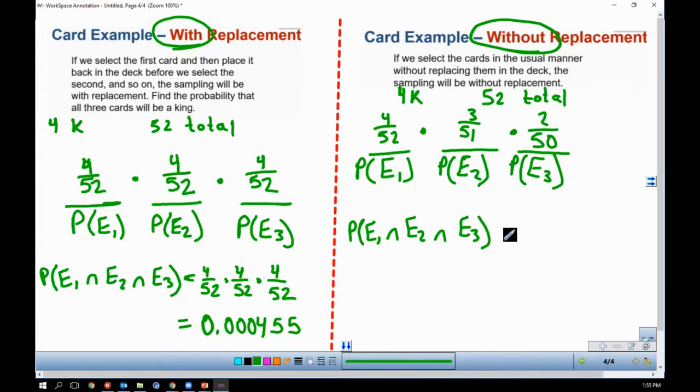And what would that get us? 0.000181. So it's actually more likely to do it if you replace it each time.